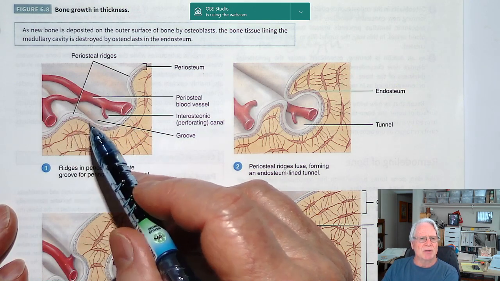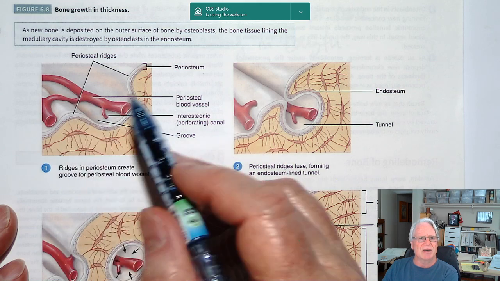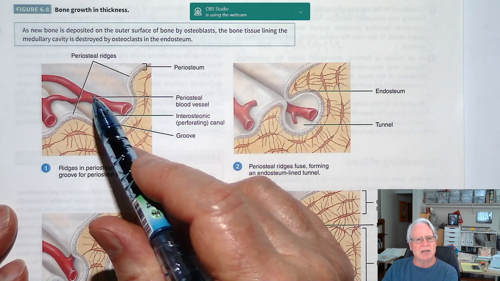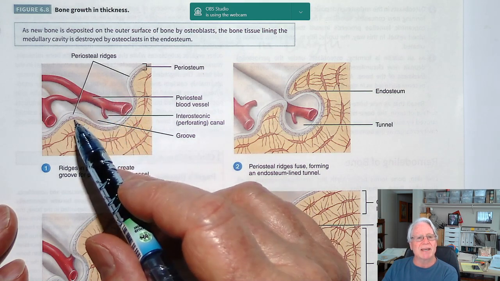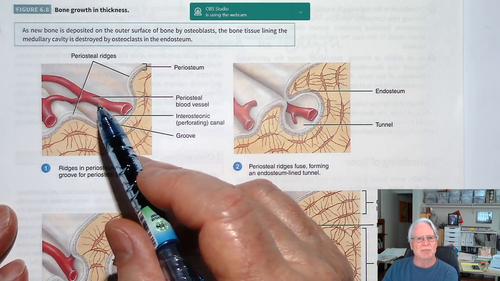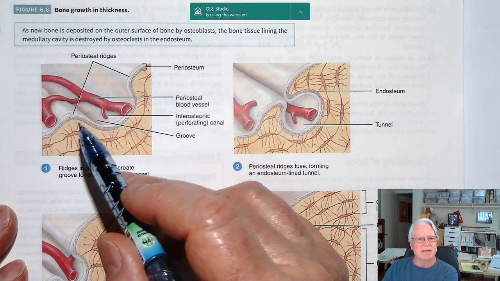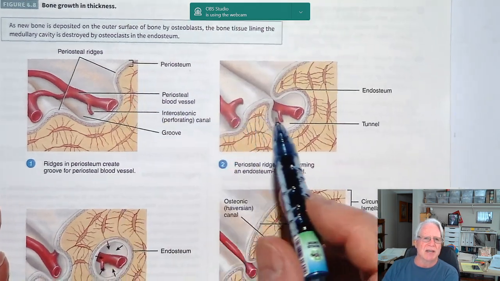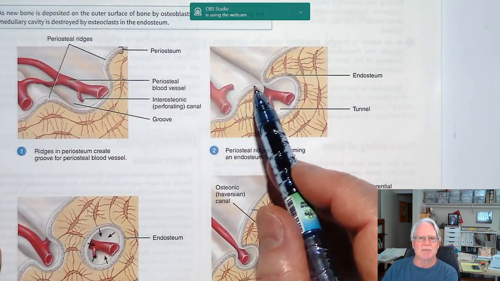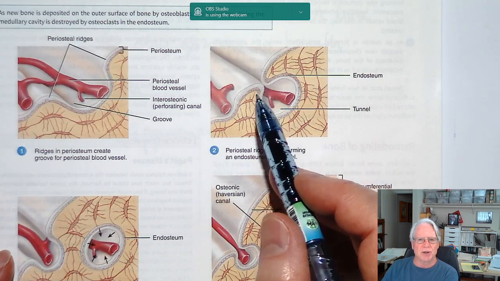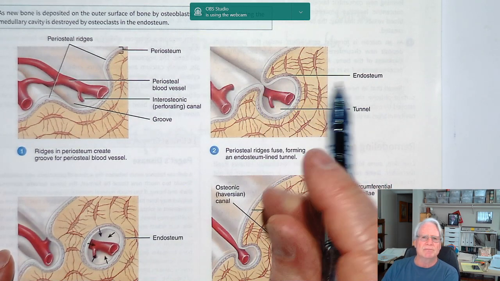As the bone material is added in this area and in this area, we're going to create two ridges flanking a blood vessel. So that's our periosteal blood vessel. And we're adding new bone material here on one side and on the other side. Eventually those two ridges will come together and form a circle around that blood vessel.